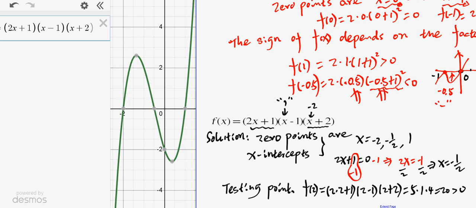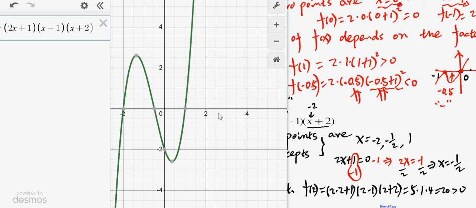So then any value greater than 1, you may choose 1.5, or you may choose 1.1. If you want to do 1.1, you can see it's also positive.